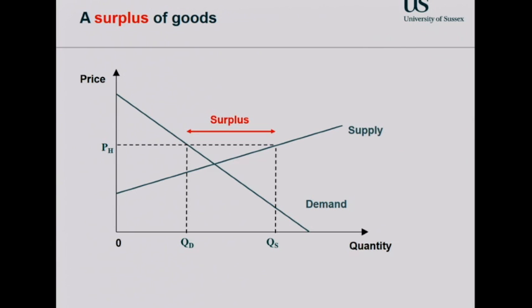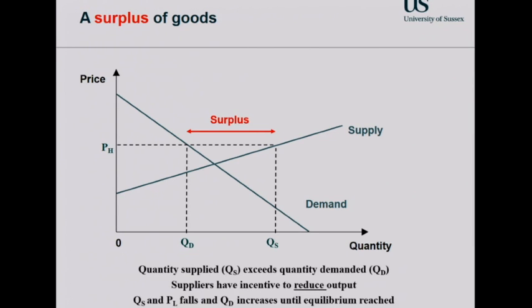They can only reduce that surplus by producing less and reducing the price. So they move back down here, they produce less, and again we'll move towards an equilibrium point where supply and demand match. So the logic is, in this competitive market, there's a tendency to equilibrium, clearing the market.